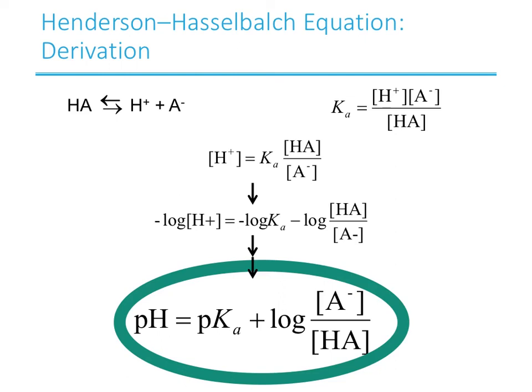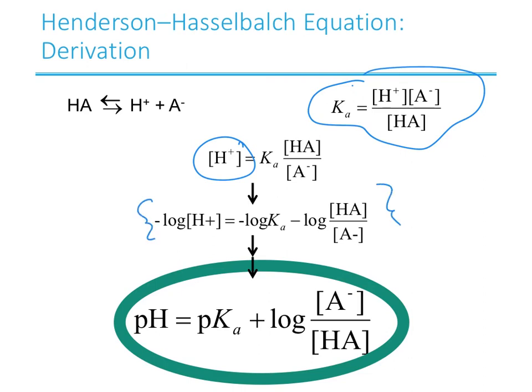Now, how do you find the pH of a solution containing a weak acid and its conjugate base? Well, we use the Henderson-Hasselbalch equation. So how do we get to this equation? So we know that the Ka for weak acid is equal to this expression. We can rearrange that to solve for the hydronium ion concentration. And if we take the negative log of each side, we get this mathematical expression.